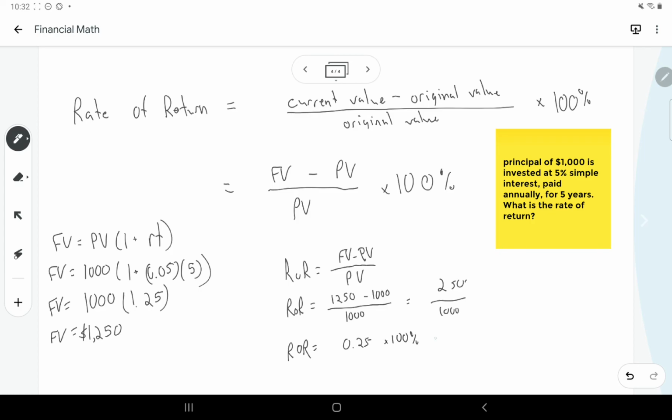Multiply that by 100% to get our percent. We get a 25% rate of return. Okay, so that's how much the money increased by, 25%. Okay, so that is our simple interest finding the future value, simple interest finding other values using algebra, and the rate of return of an investment over a specified period of time.